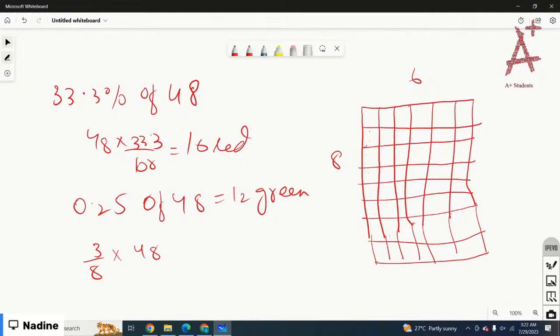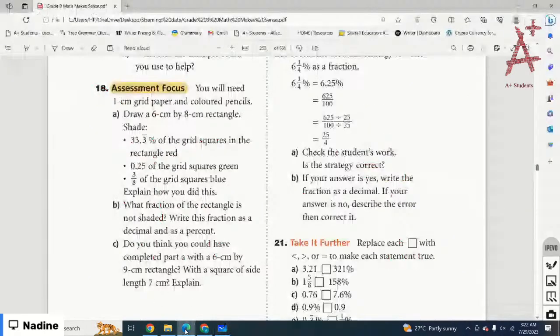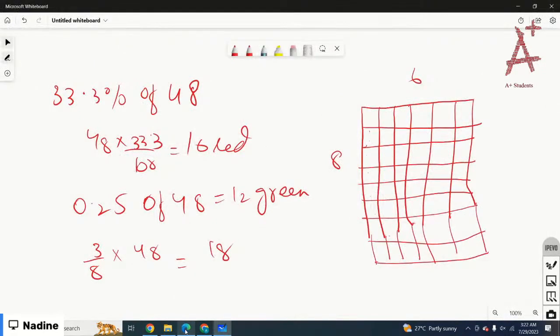Just convert 3 by 8 into decimal form, that is 0.375 times 48. That means 18 of the squares are blue. Got it?